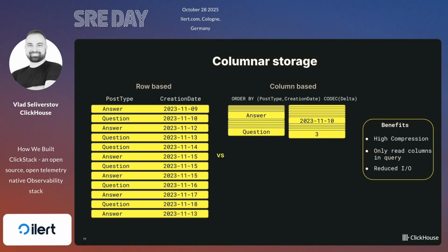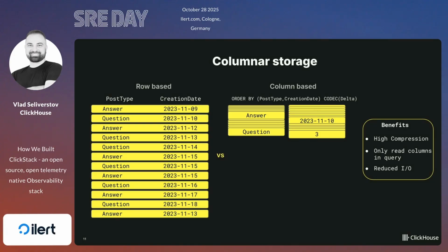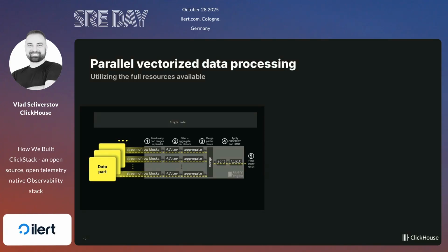But the real magic is how columnar data stores query the data, how they read it. When you run a query, the engine only reads the columns you actually need for your filters and selects. That slashes IO. And because the data is tightly packed in a line, the execution can be parallelized. And this is one of the biggest advantages of the columnar orientation, vectorized execution.